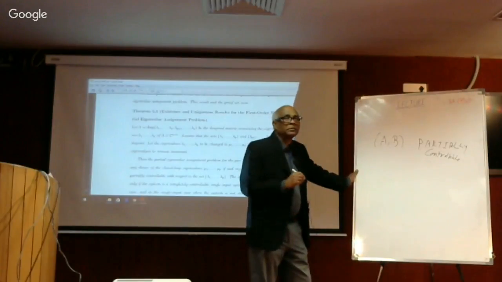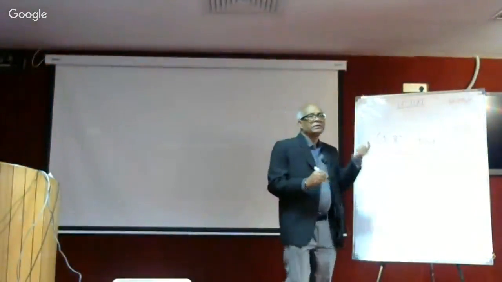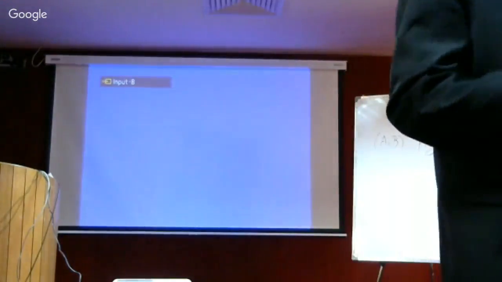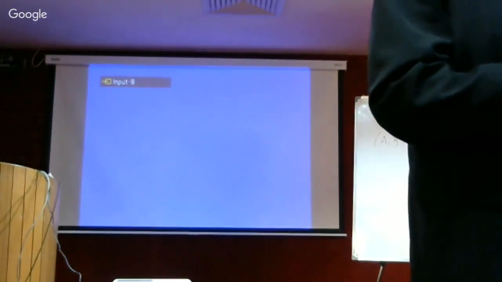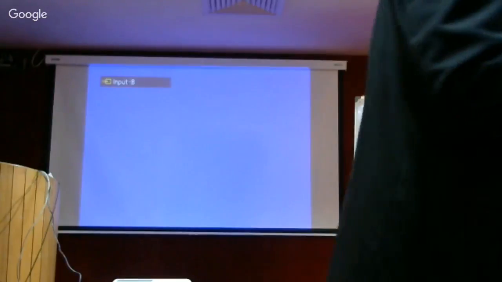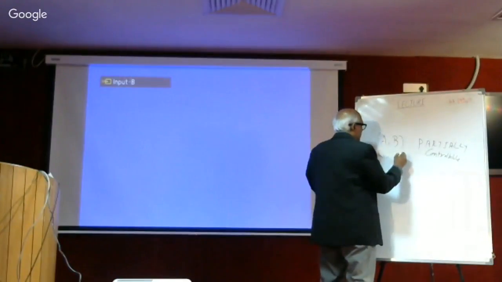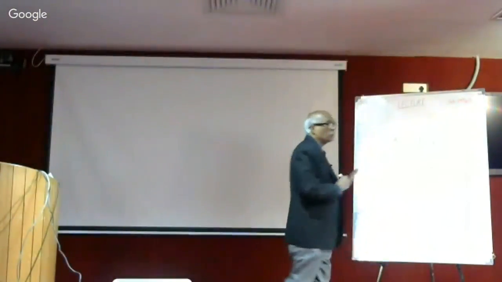What does it mean, partially controllable? That means this system is controllable with respect to only those modes which are known, say lambda 1 through lambda p. These are the p known modes.